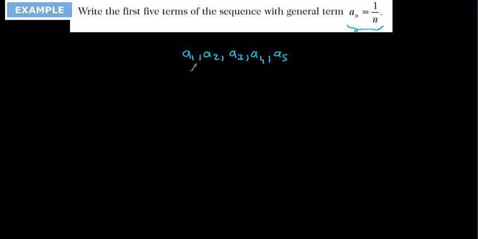So an is equal to 1 over n. This implies that 1 over 1, then 1 over 2, then 1 over 3, then 1 over 4, and 1 over 5 is going to be. This is the first term.